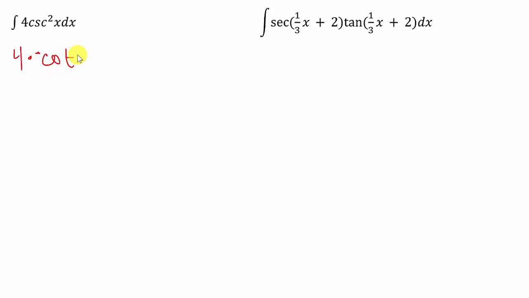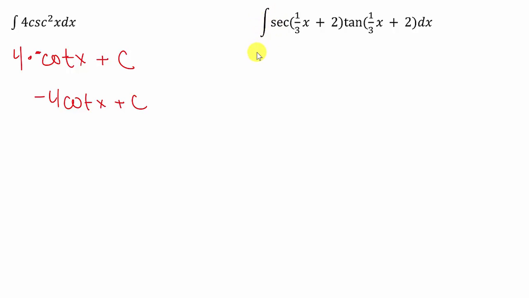So I have negative cotangent of x. And since there's just an x inside, I'm technically dividing by 1. So this is my integral. I need to put plus c, and then 4 times that negative 1 there is going to be negative 4. So I would rewrite it like this. And again, try taking the derivative of this and make sure that you get back to what you started with.